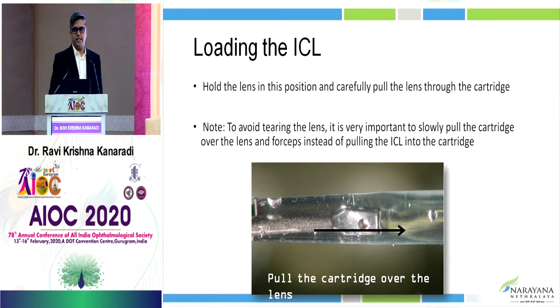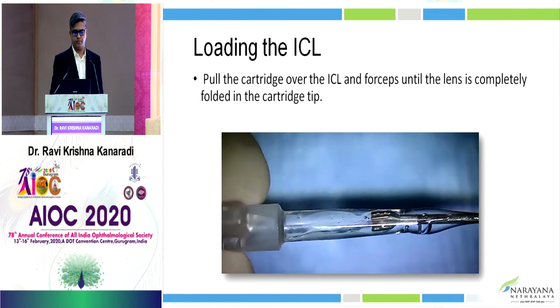After pulling inside the cartridge, we are supposed to look at the lens to see whether the 3 holes, one on the optic and the other 2 on the haptics, are in the same line or not. We should see the completely folded lens inside the tip of the cartridge.